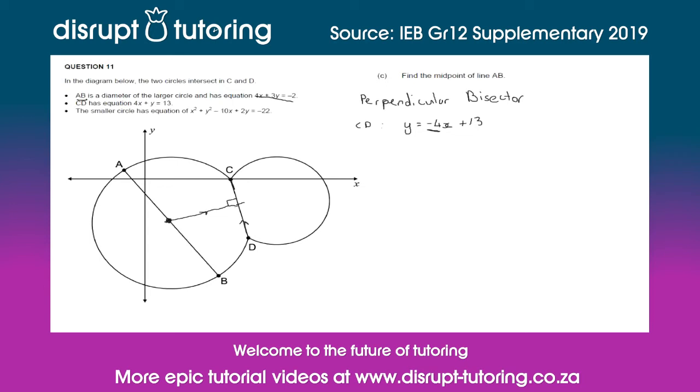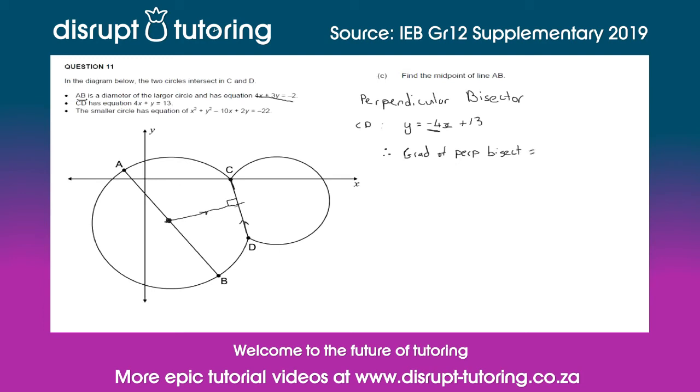Because of the perpendicular bisector theorem, we know that this line going through the chord is perpendicular, so we can conclude that the gradient of the perpendicular bisector will be the negative inverse.